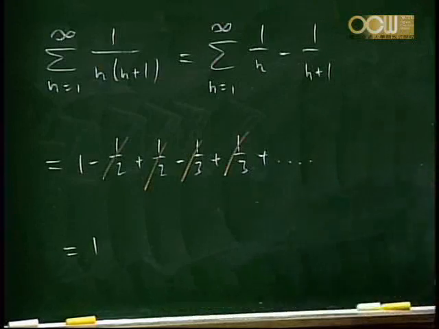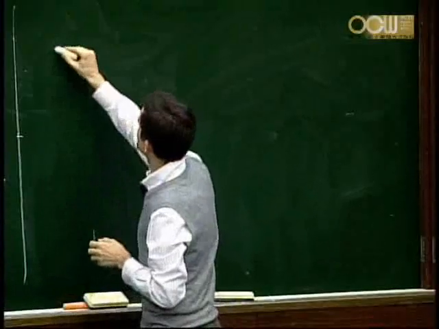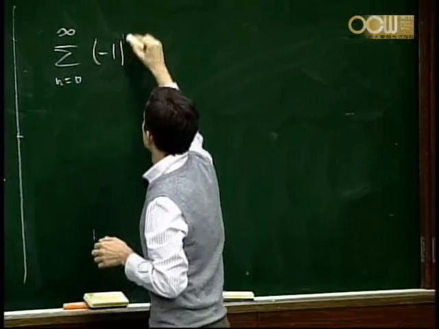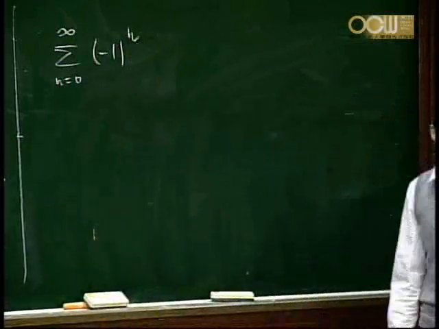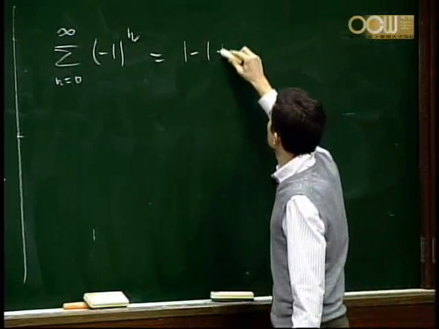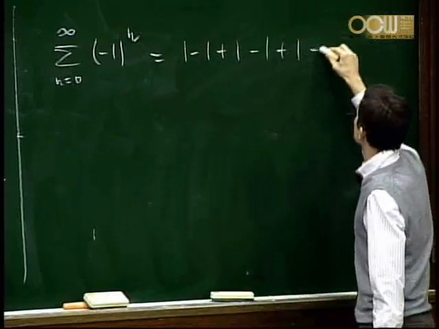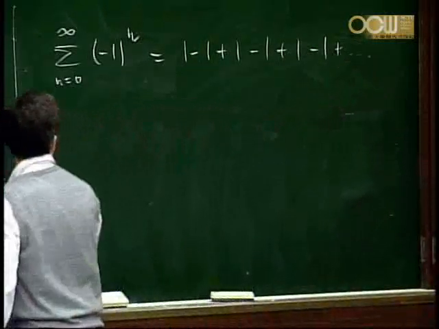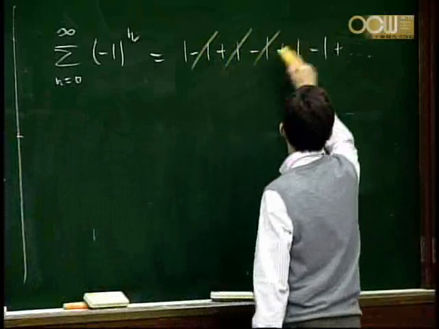An easy example is this one. Then I look at this one: 1 minus 1 plus 1 minus 1 plus 1 minus 1 and so on. And I do the same. For instance, I cancel this one and this one and this one and this one, and so on.